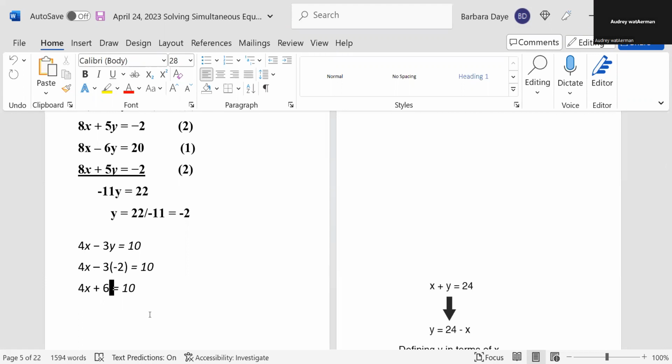Audrey, how do you get the 6 over on the right side? Opposite of adding is what, Audrey? Subtract. Yeah, so you've got to subtract the 6 from both sides, right?